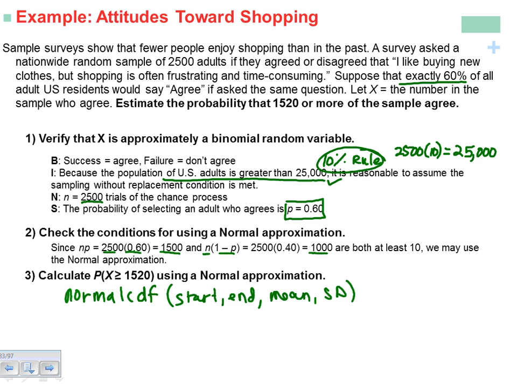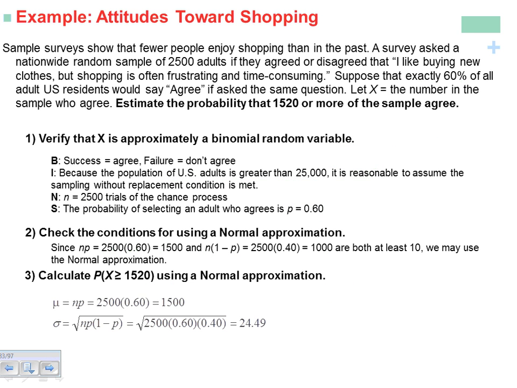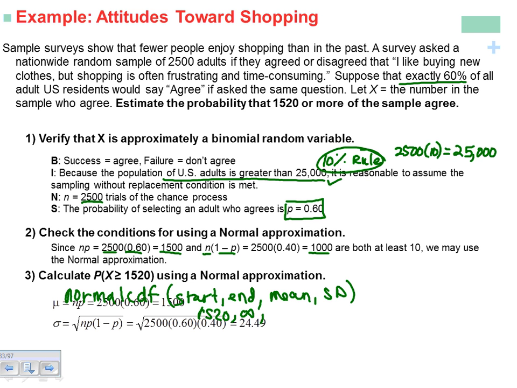So I'm going to go from 1,520 to infinity. But what's my mean and my standard deviation? We've got to go find those. All right, so to find the mean, take n times p.